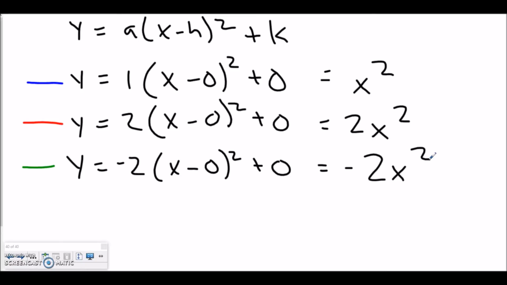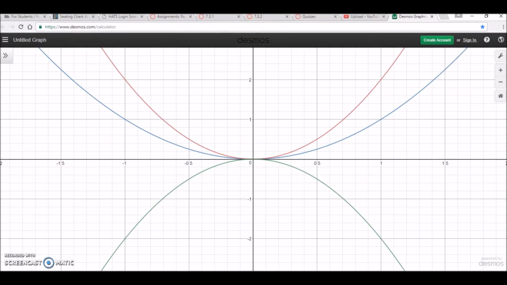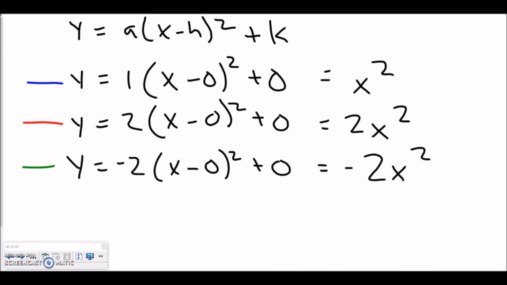Now what happens when we graph these three equations? Well, this is our graph of the red, the blue, and the green equations. And what we notice are two rules that we need to remember anytime we're graphing. The first rule is that if a is positive, or greater than 0, our parabola opens up.